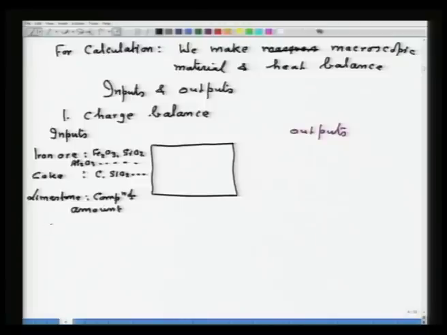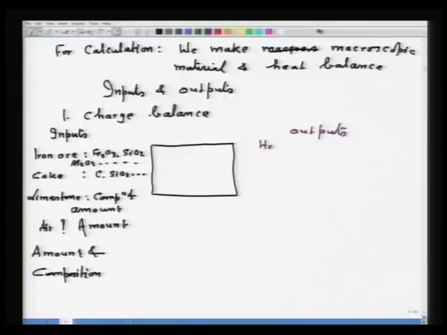And also input consists of air, its amount. So, of this input side the important thing is amount and composition. So, in a macroscopic balance we are concerned with the inputs.